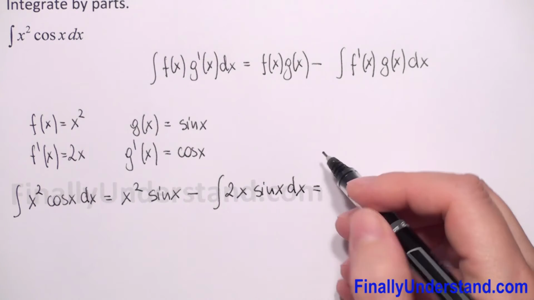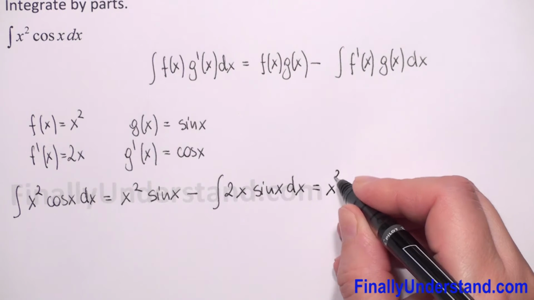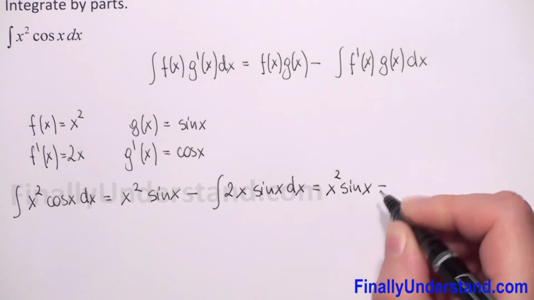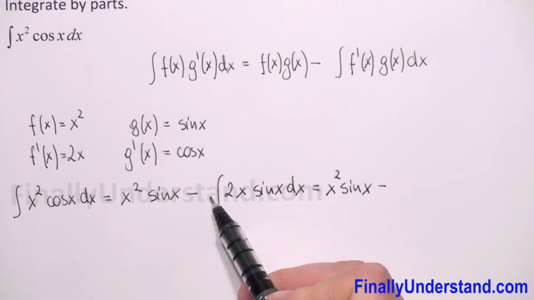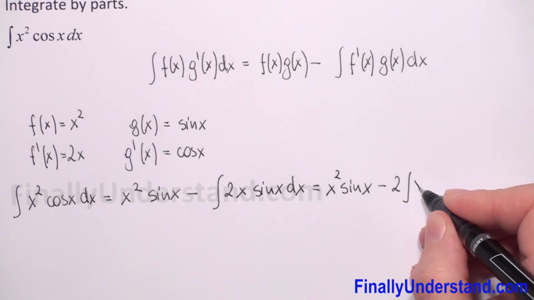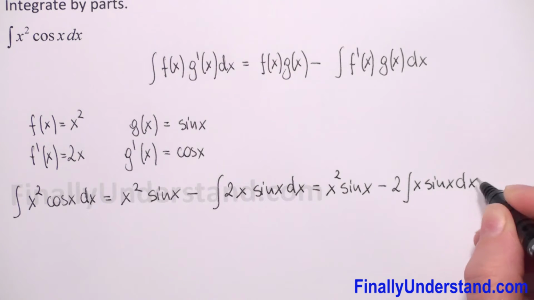This is equal to, we copy x squared sine of x, and we have a constant too. So we will take this constant before the integral, and we have x times sine of x dx.